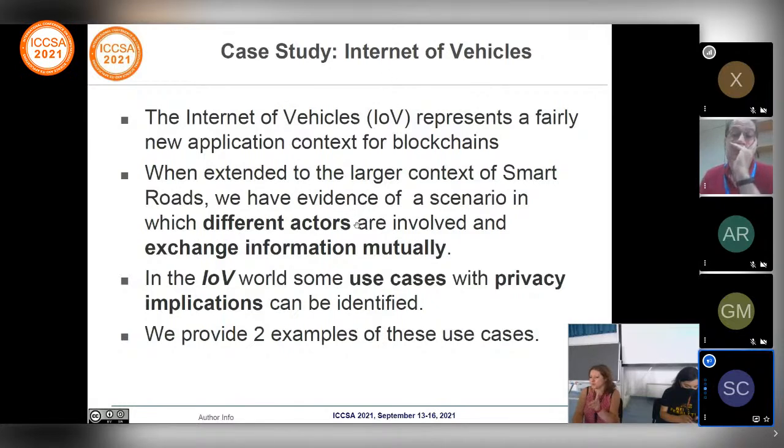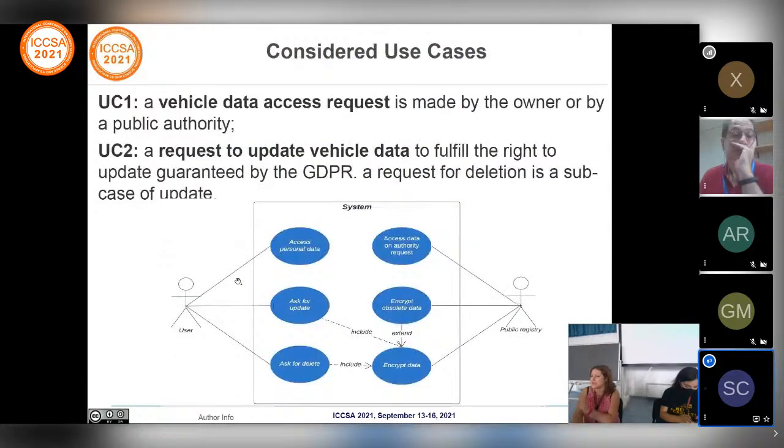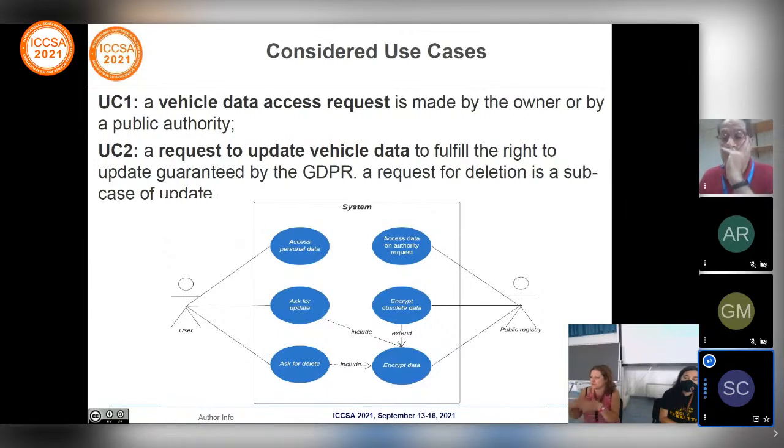In particular, we considered the case study of the Internet of Vehicles, and these are two use cases. Between these two, we are interested in the case in which a user involved in a smart road context needs to make a request for deletion or updating of his data.